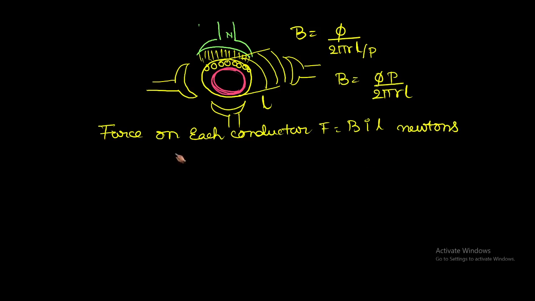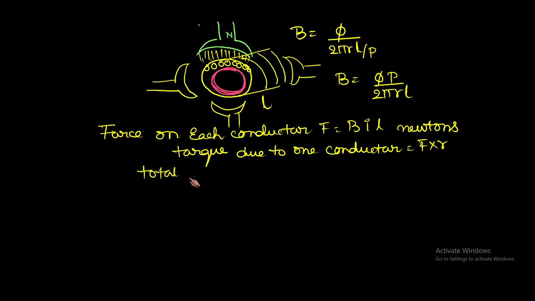Next, the torque due to one conductor is F into R. So the total armature torque, how many conductors did we assume? Z. So Z into F into R.